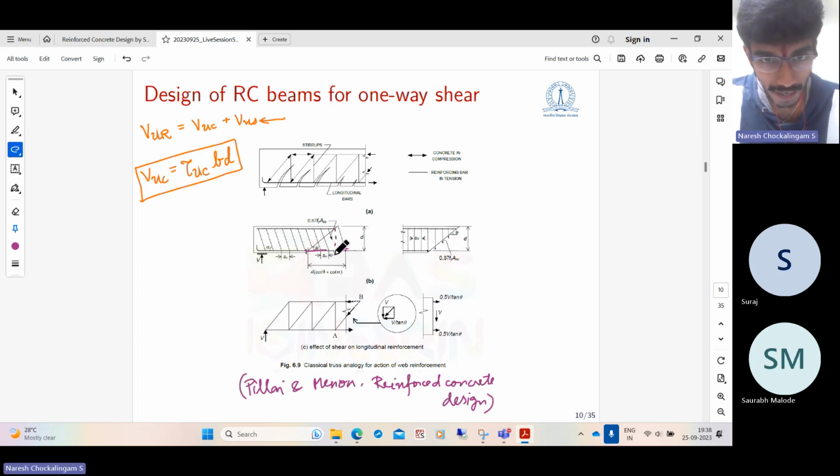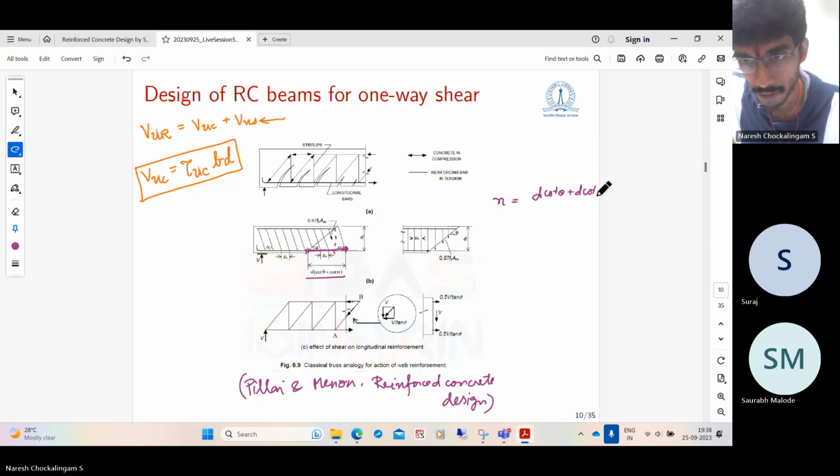So if you take these two triangles, this is d, this is theta. So this distance is d cot theta, and this distance is d cot alpha. So d cot theta plus d cot alpha is this distance. And in that distance, how many stirrups do we have? If the stirrup spacing is s_v, we have the number of stirrups as (d cot theta plus d cot alpha) by s_v. So many stirrups will cut through the crack, if you take a crack at an angle theta.